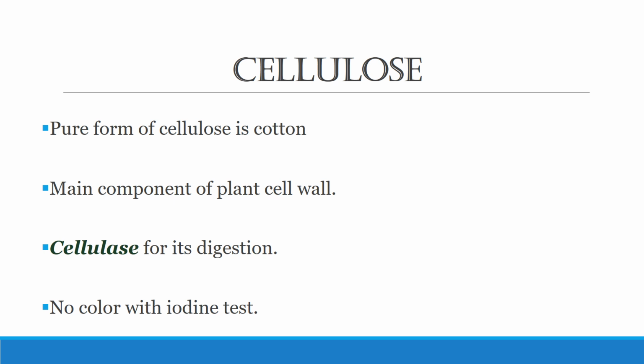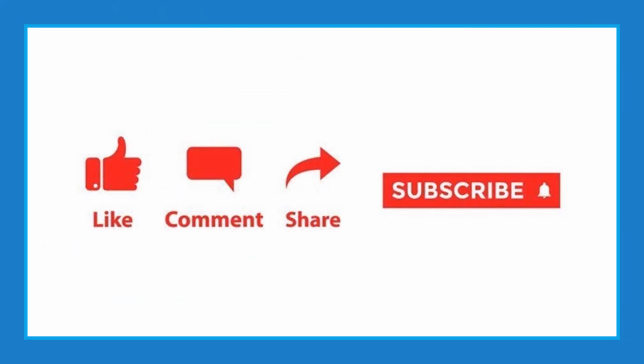Cellulase is the enzyme that is present in plants that helps in breakdown of cellulose, and this enzyme actually does not occur in case of the animal cells, and cellulose does not give any color whenever the iodine test is performed.